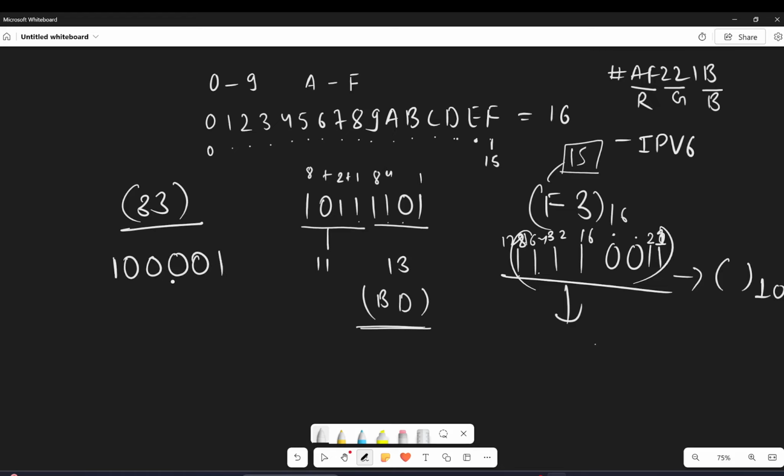So 1, 2, 3, 4, 5, 6, 7, 8 bits. We separate it into 4-bit groups. This is equivalent to 2, and this is equivalent to 1, so 21 in the hexadecimal number system. So this is how the conversion is done.